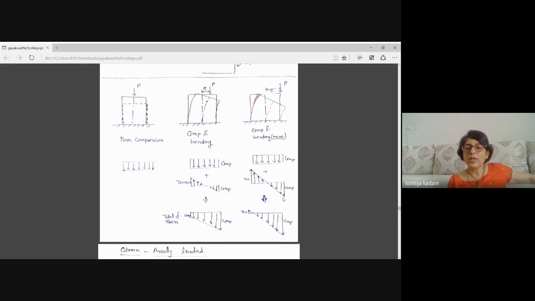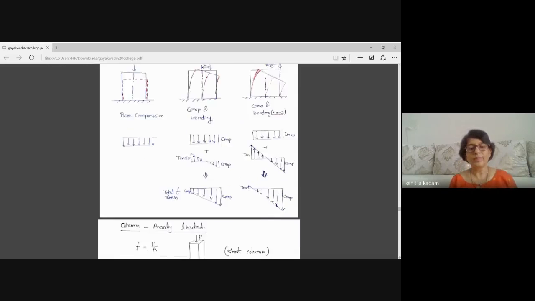And you can observe that if I add the compression because of force P and the bending because of the moment, the final stress in the third sketch may have some tension in the column. Okay, so this is not good for columns.